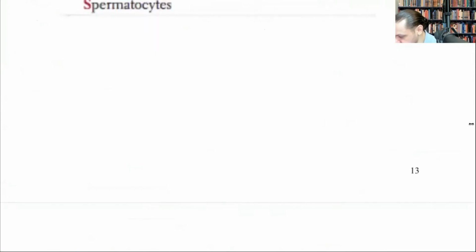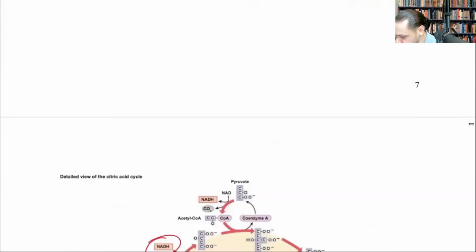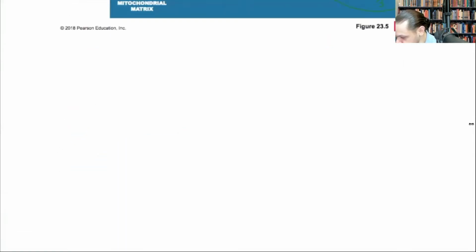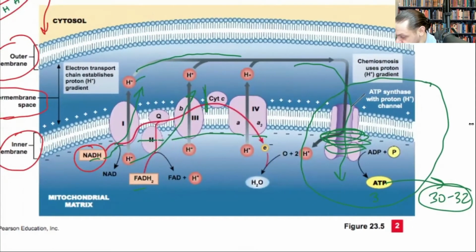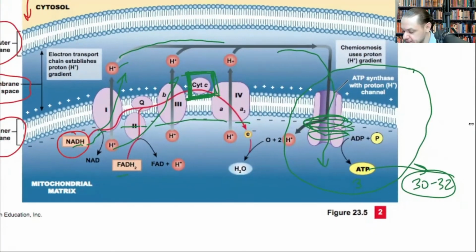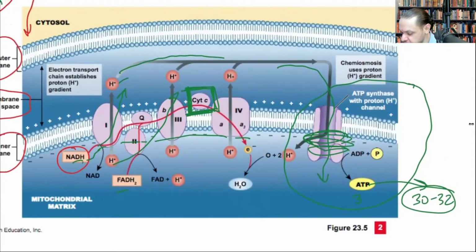So let me go back. There was a good image here that shows this. Cytochrome. So what happens is the cyanide molecules make this part inactive. If they make this part inactive, you cannot move these electron carriers forward. You see how NADH is getting rid of its hydrogen, and FADH is getting rid of its hydrogen.